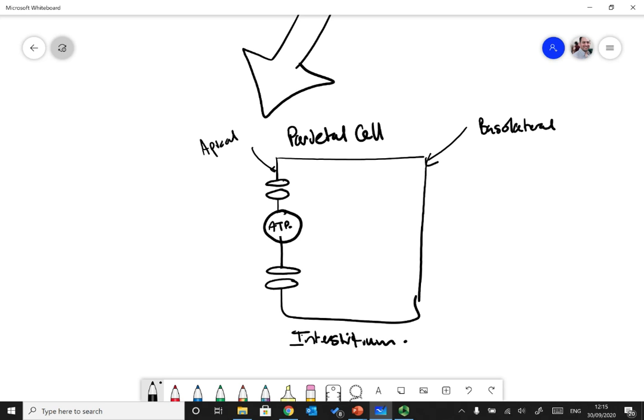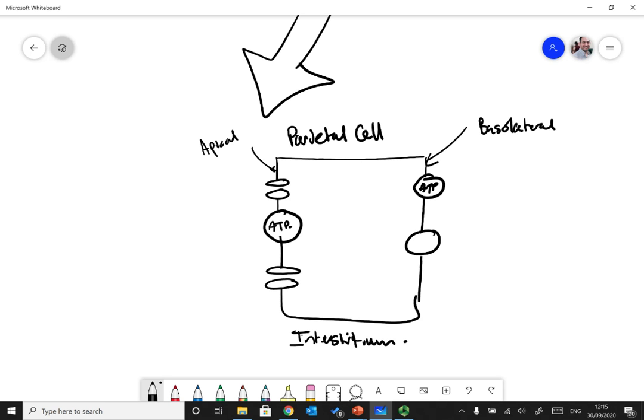Over on the basolateral side, we've got a sodium-potassium pump, and we've got a bicarbonate and chloride antiporter that doesn't require ATP to work.